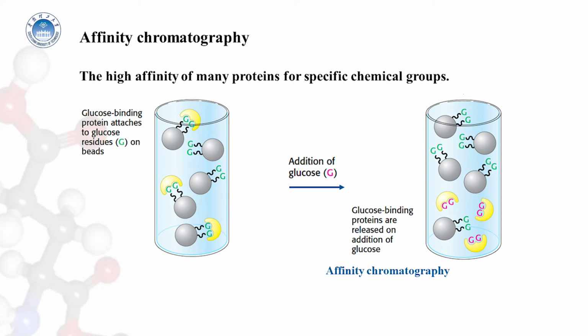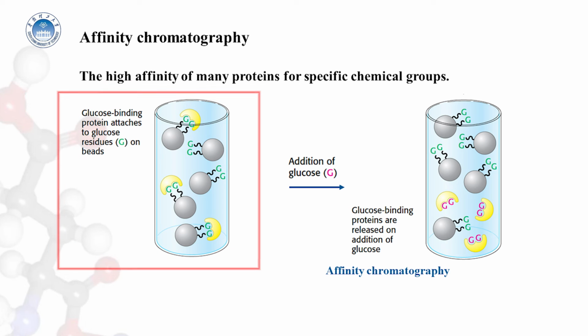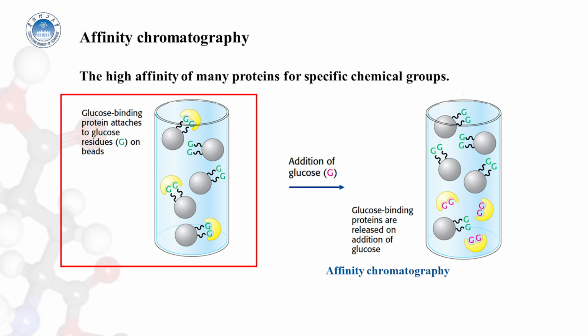For example, the plant protein concanavalin A is a carbohydrate-binding protein, or lectin, that has affinity for glucose. When a crude extract is passed through a column of beads containing covalently attached glucose residues, concanavalin A binds to the beads, whereas most other proteins do not.